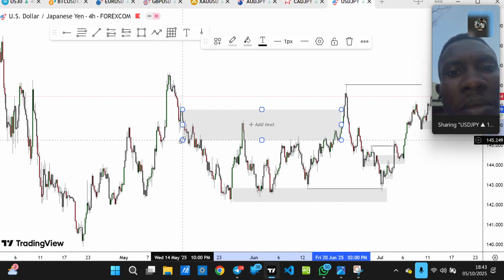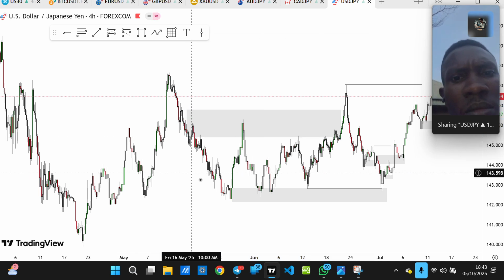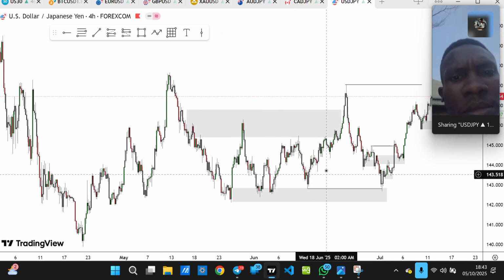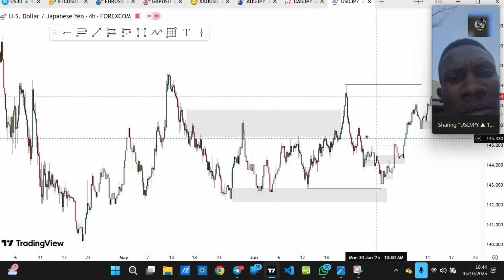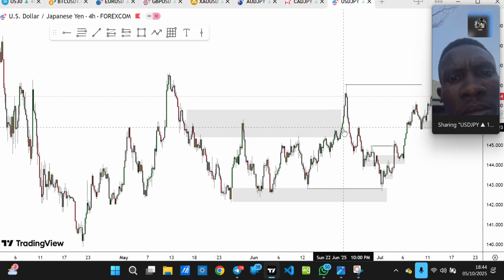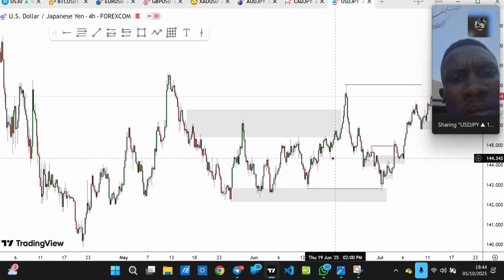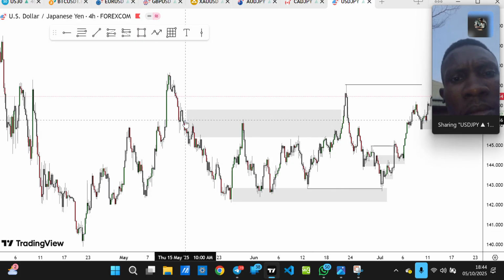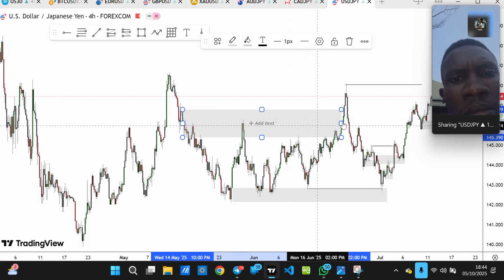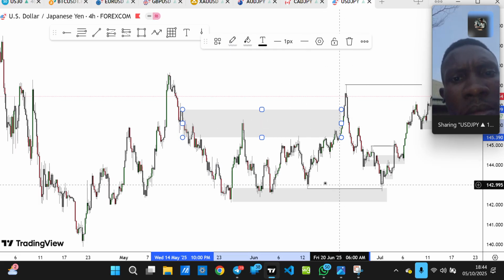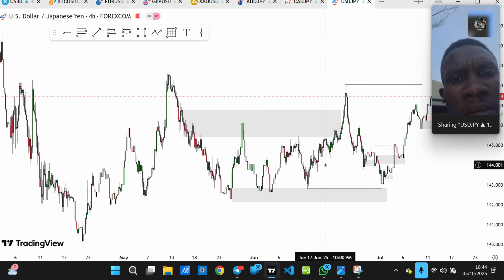So what we will expect is that when price has taken out this supply, then that means that we have some demand here that price should come into. Whenever we take out the supply here, we should believe that buyers have taken over. One thing that shows the presence of buyers is when a major supply is taken out.